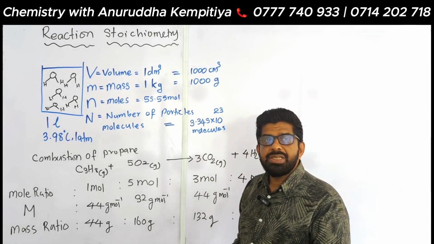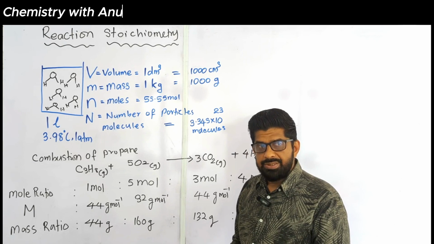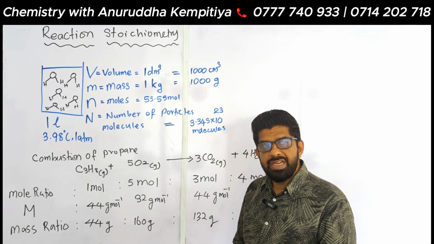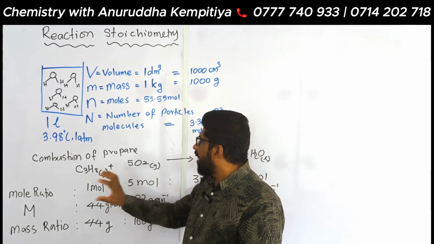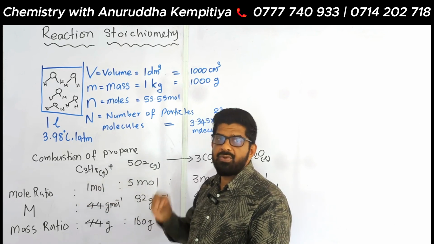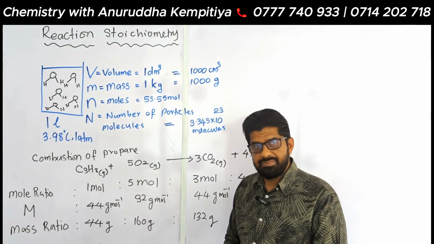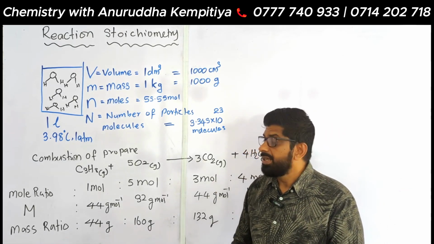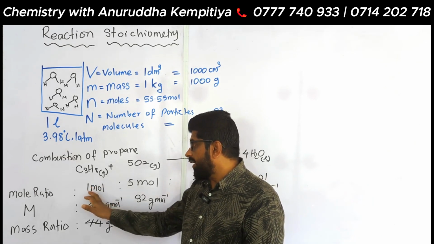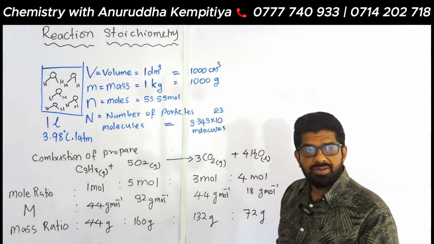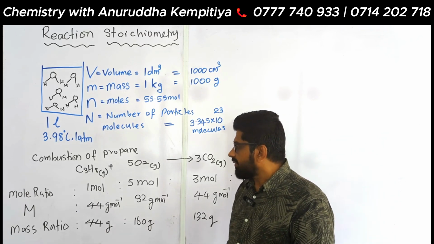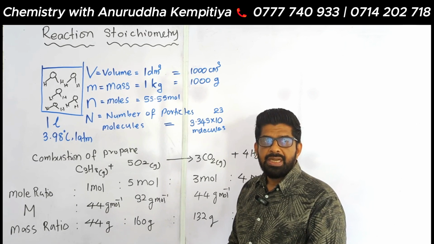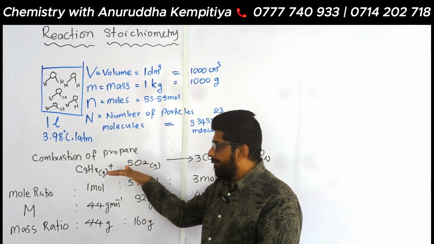The stoichiometric coefficient tells you the mole ratio of the chemicals involved in that reaction. So the mole ratio: 1 mole of propane requires 5 moles of oxygen and will produce 3 moles of carbon dioxide, like that. Therefore, the mole ratio you can say is 1:5:3:4.